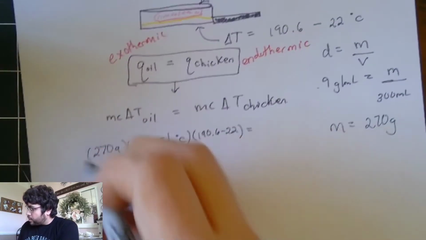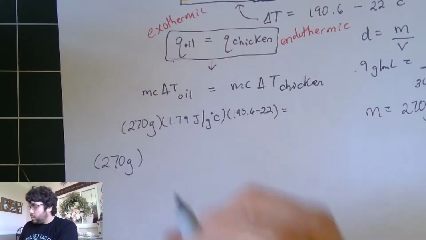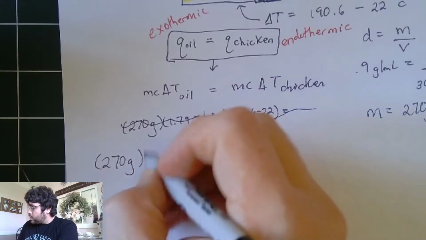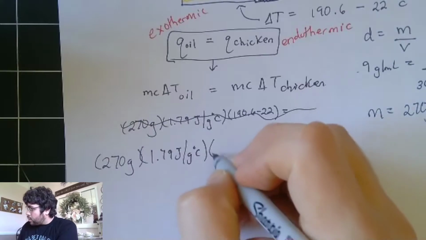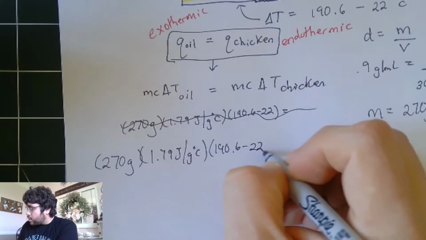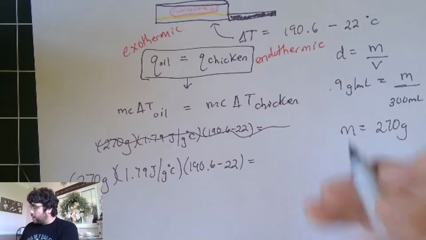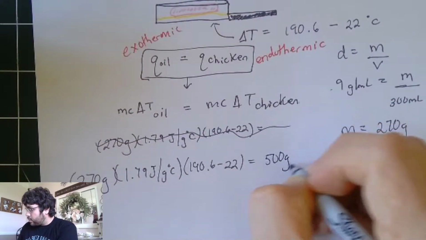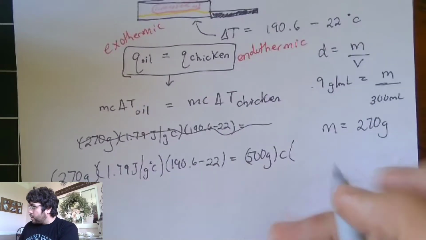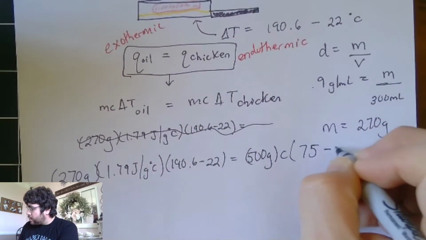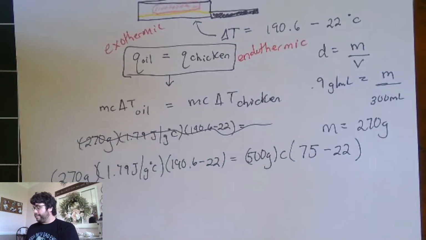I'm going to run out of room here, so I'm going to rewrite that. 270 times 1.79 joules per gram Celsius times 190.6 minus 22. And that equals the mcΔT for the chicken. The chicken, I was told, is 500 grams. I don't know the specific heat of the chicken, but I know the chicken heated up to 75 and started at 22. All right, so now just do our number crunch here.